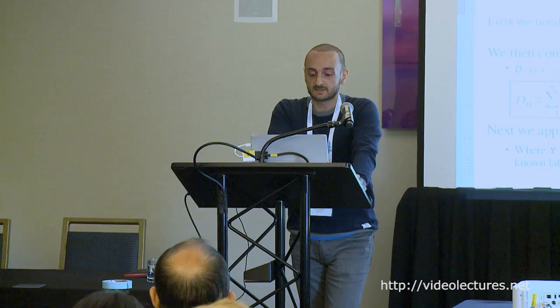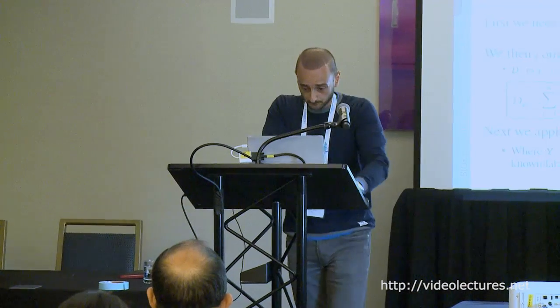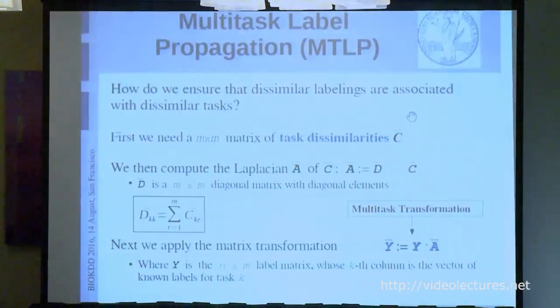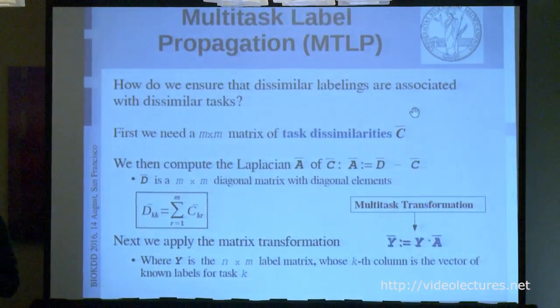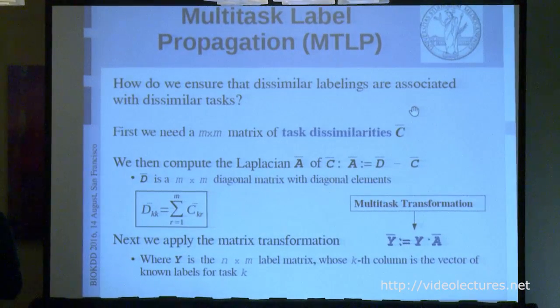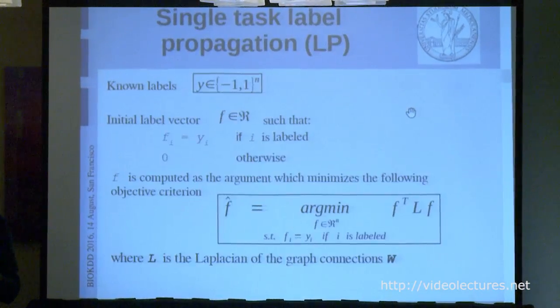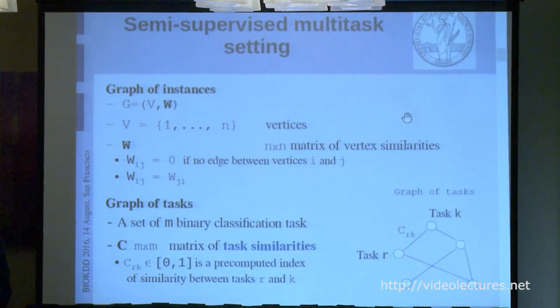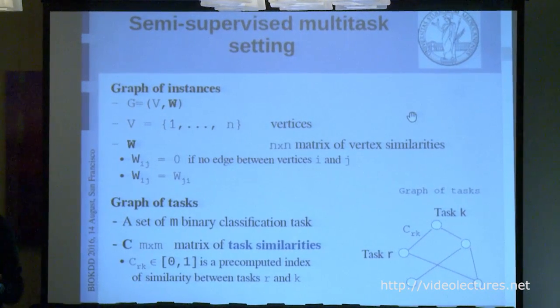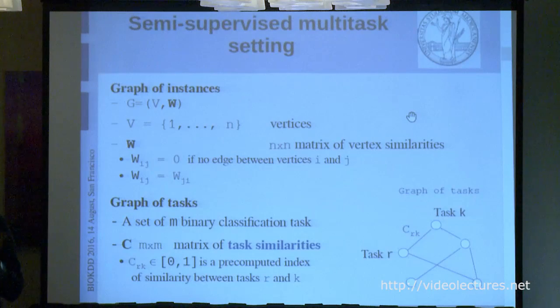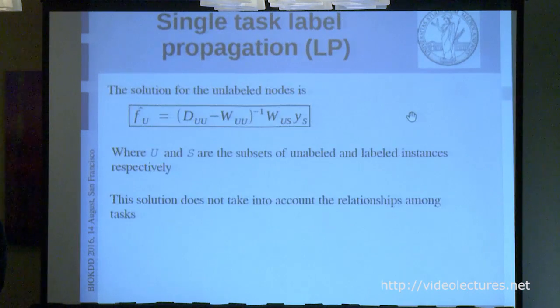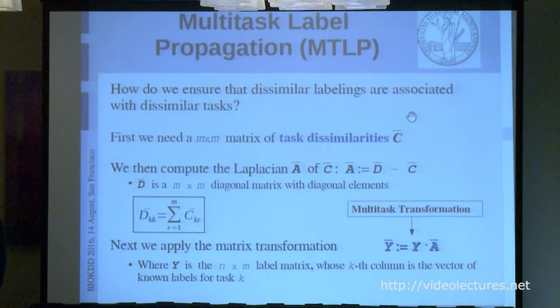So this is our method. First, we need a task dissimilarity matrix. Since we called C the similarity matrix for tasks in our setting, we call our dissimilarity matrix overline C, just to distinguish these two matrices.